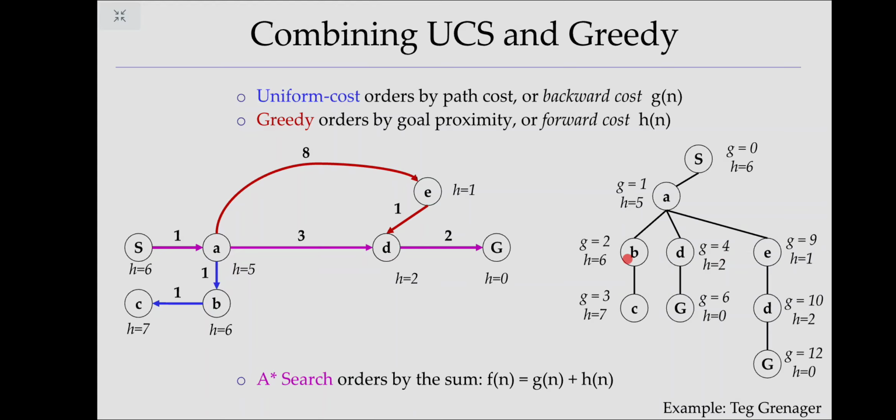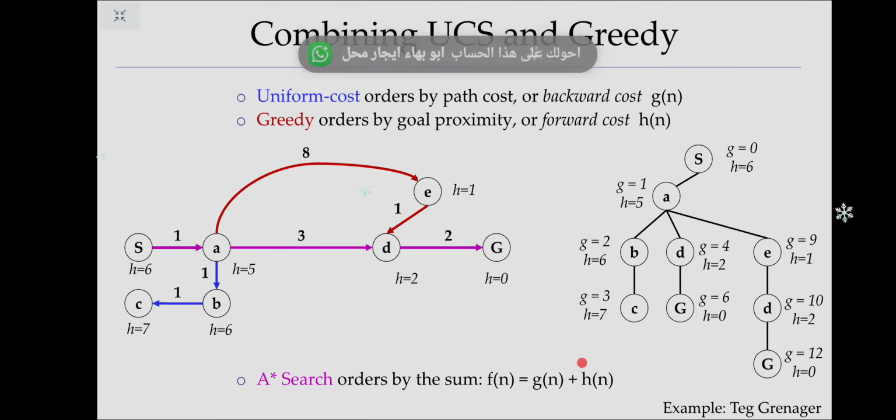For g, the cost between A and B is 1 plus the predecessor g, which is 1. 1 plus 1 is 2. And the heuristic for B is 6. We update the h value. And the summation of g and h is 8. The f value of this object is updated. A similar process happens for D and for E.